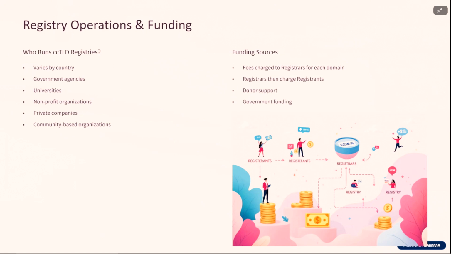In other countries, the government is only responsible for the regulations, and then there is another set of people who manage the database. Then in some countries it is the universities that run the registry. Some also run it as a non-profit organization, so they give it to the community. I know a typical example in Lebanon is the Internet Society of Lebanon, which runs the registry. In other countries, similar things happen.